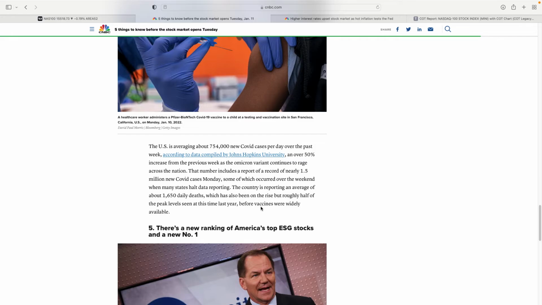That number includes a record of nearly 1.5 million cases Monday, some of which occurred over the weekend, when many states hold data reporting. The country is reporting an average of about 1,650 daily deaths as well, which is also on the rise, but roughly half the peak level seen at this time before vaccines were widely available.